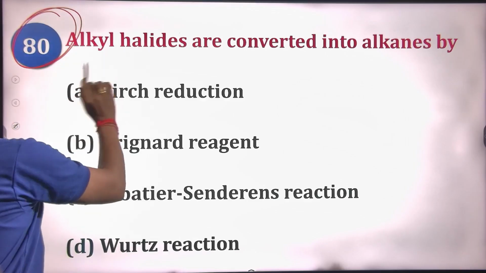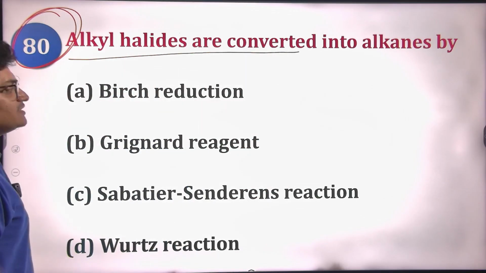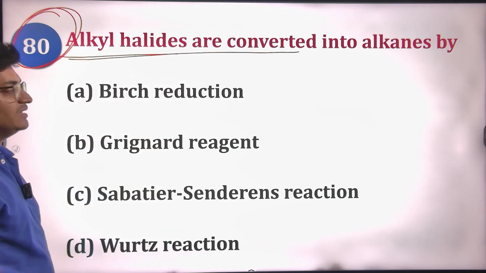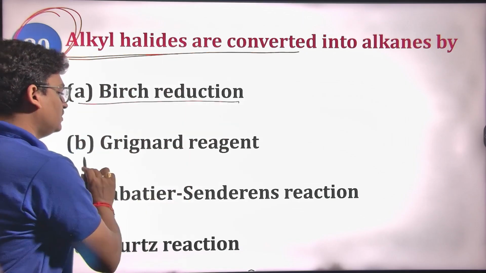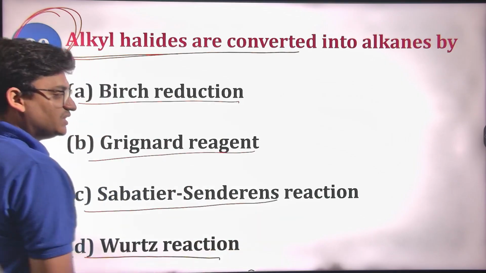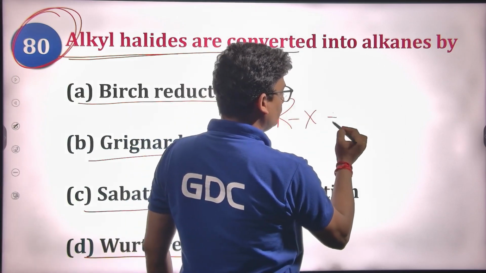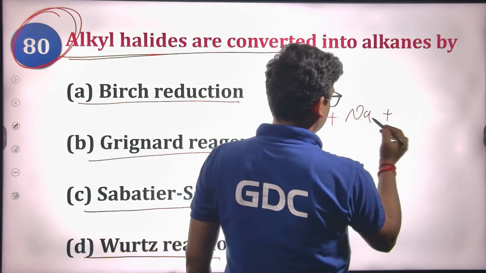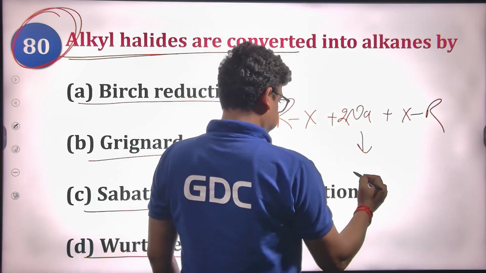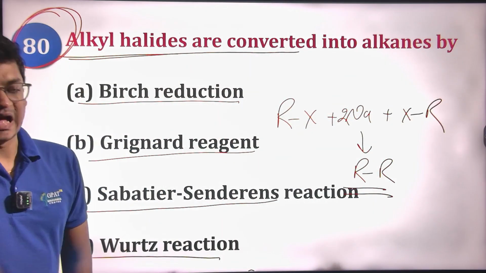Question number 80. Alkyl halides are converted into alkanes by: Birch reduction, Grignard reagent, Sabatier-Sendersen reaction, or Wurtz reaction. So when an alkyl halide, RX, is reacted with sodium metal, it shows a coupling reaction.